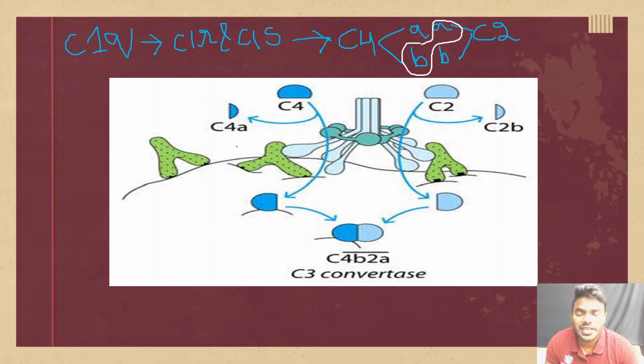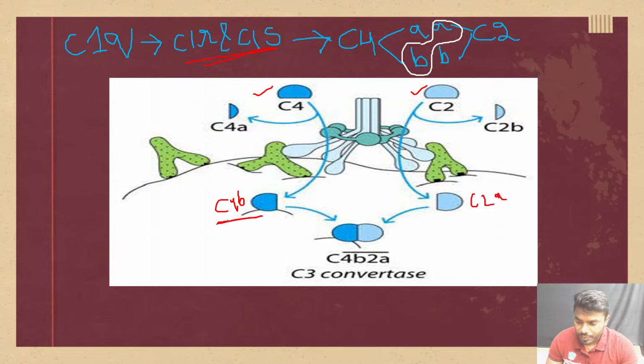Everyone, please kindly concentrate on the picture carefully. So C1R and C1S, what are they doing, friends? They are cleaving complement 4 and complement 2 into C4A, C4B, C2A and C2B. Now this is the C2A. Every student listen.